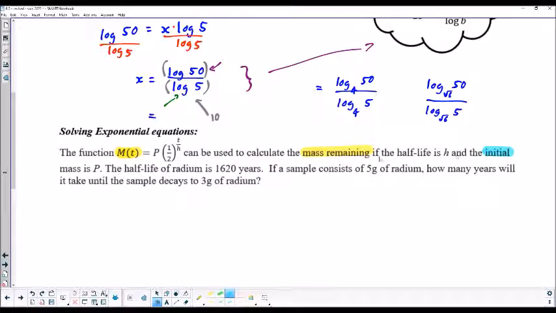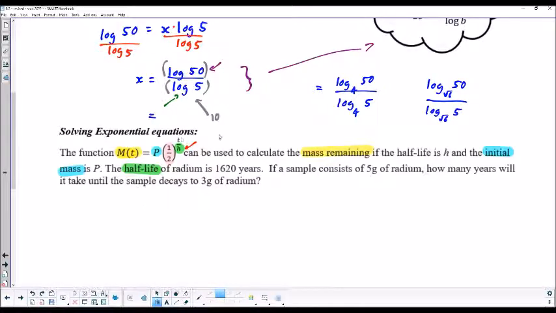The initial mass is that value. The half-life is 1,620 years. So that actually is the h. The factor we use to represent half-life is the 1/2. Okay, but the half-life itself is this value of h.